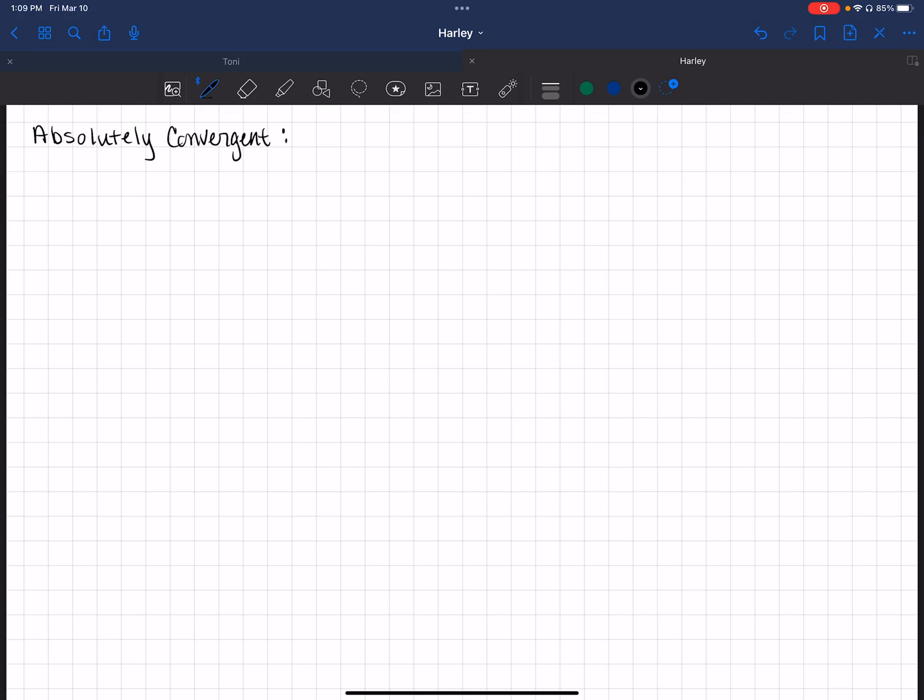It means that the absolute value of the series and the series itself are convergent. There's a couple of different things that you have to test there. You have to test the absolute value of the series, and then you have to test the series itself, and we're going to go over that.